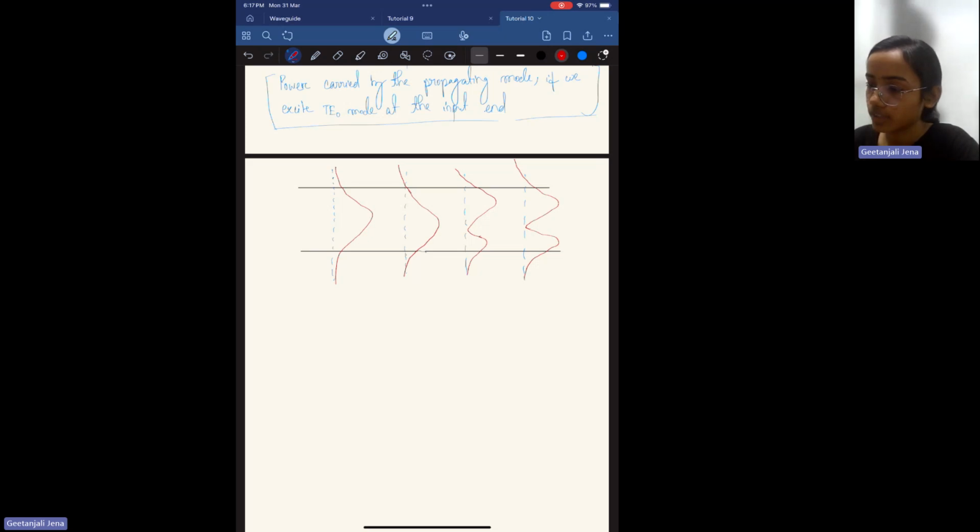So we have started with the T0 mode, then we end up with T1. This is the direction of propagation, and this is the field profile.